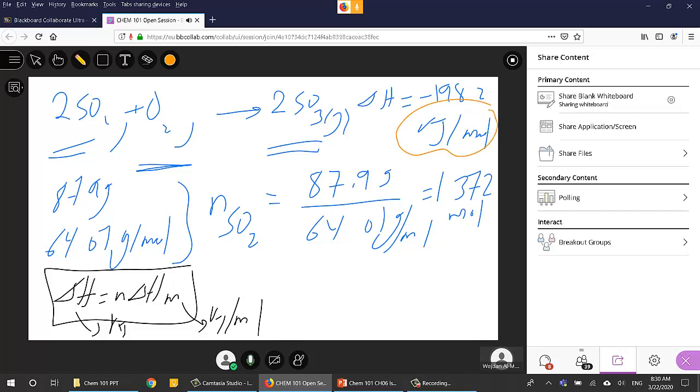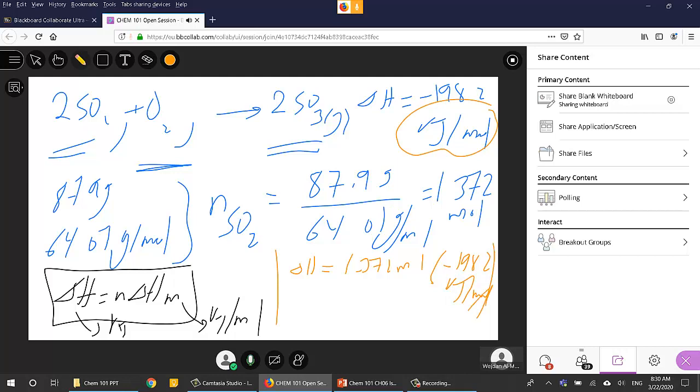We have calculated the number of moles, so in this case we just say the delta H, the one we need, is equal to n delta H molar, that means 1.372 mole multiplied by minus 198.2 kilojoule per mole.